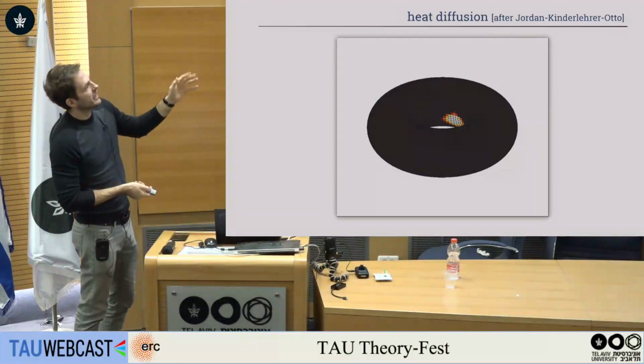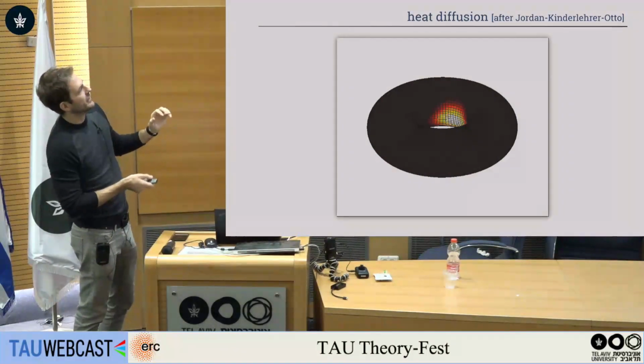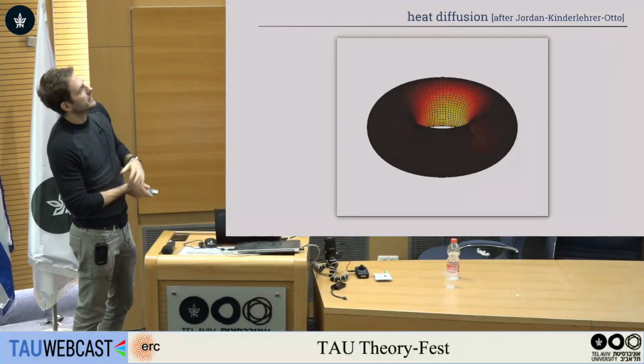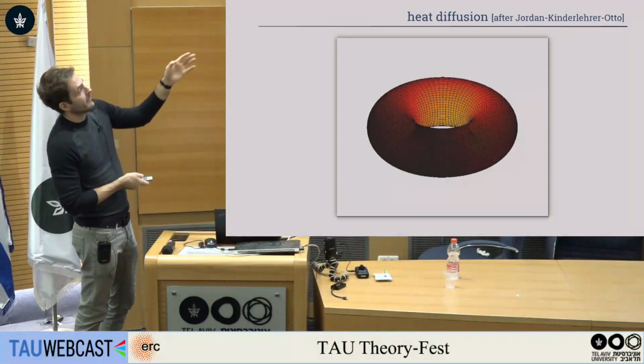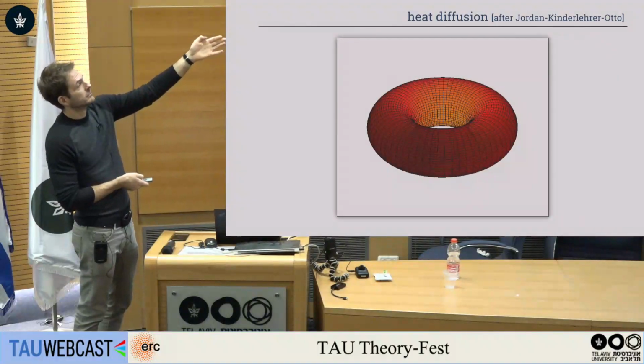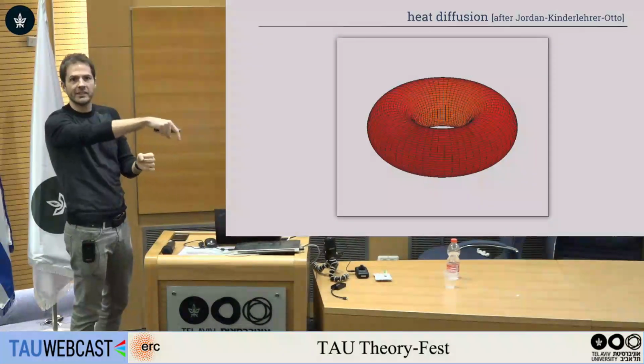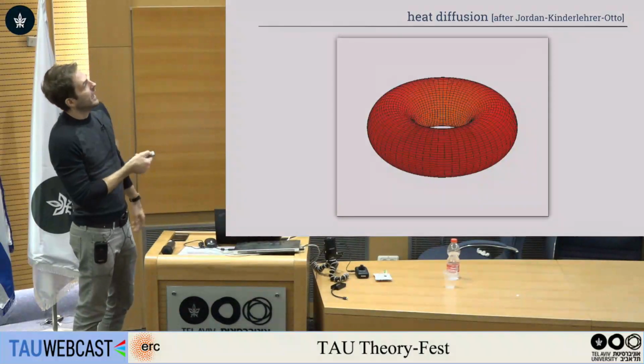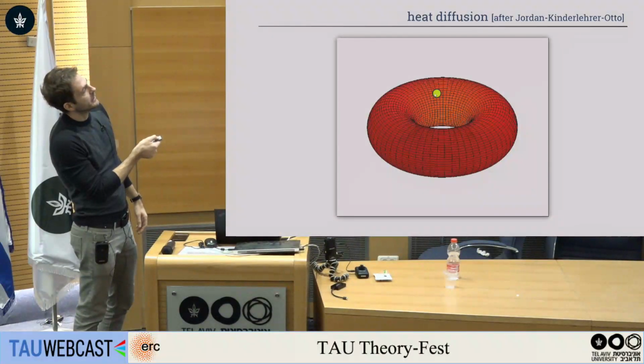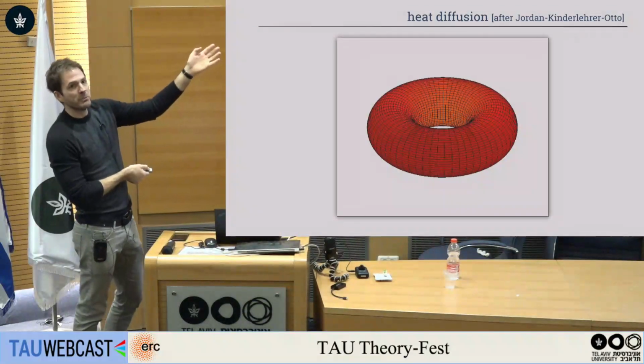So here is just, if you take some heat on a surface and do diffusion, the heat spreads out in a nice way. This is a very simple algorithm, right? You literally just, every point just averages itself with its neighbors over and over again. This algorithm is gradient descent.